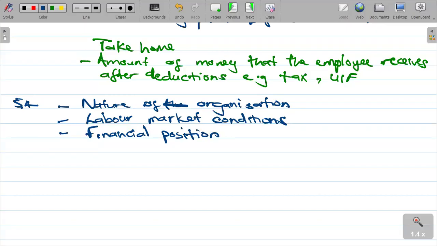You need to say, if the organization is financially stable, it can be able to administer fringe benefits. And then 5, trade union.